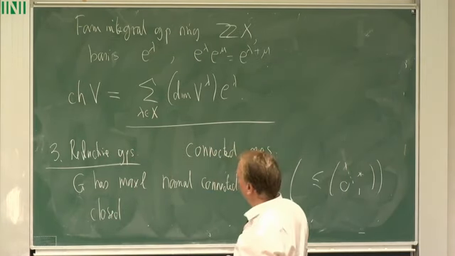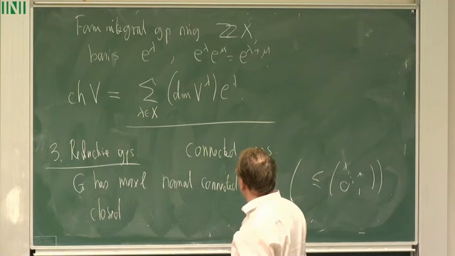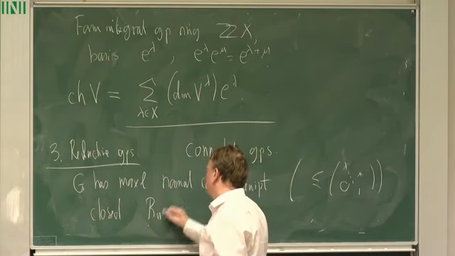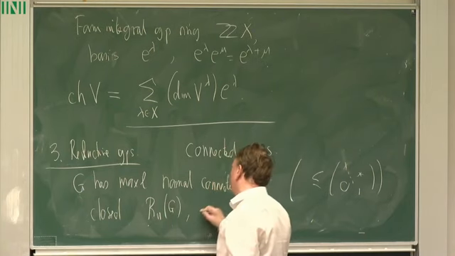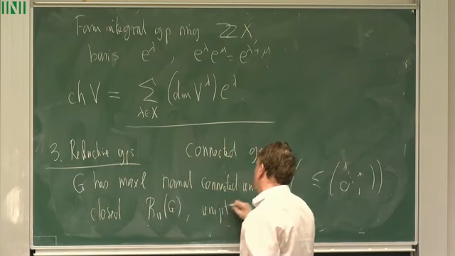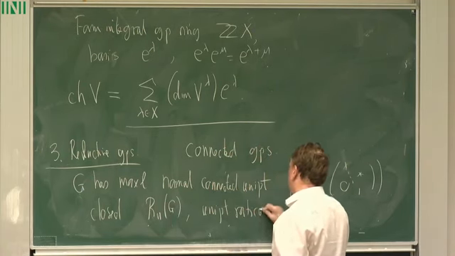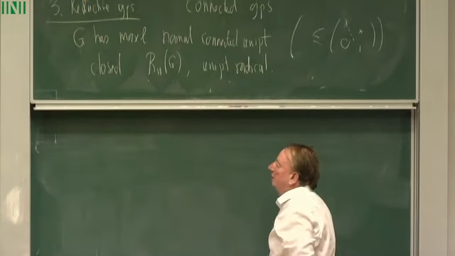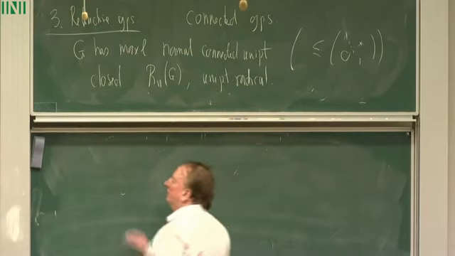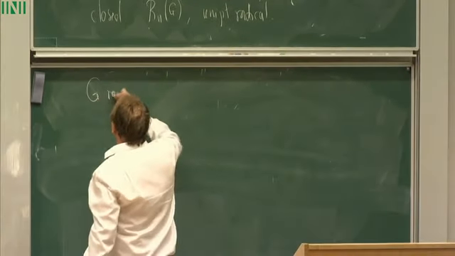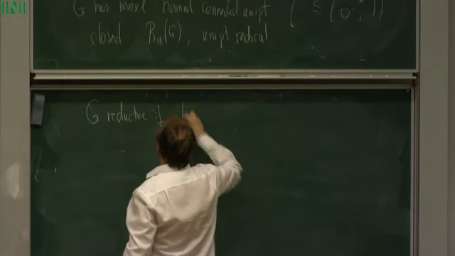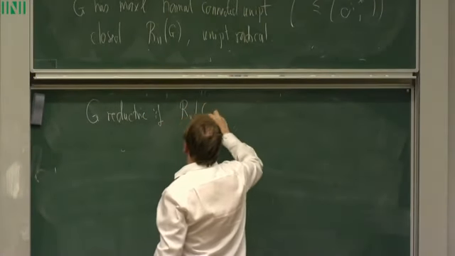Normal, connected, and it's denoted R_u(G). It's called the unipotent radical. And G is called reductive if the unipotent radical is trivial.